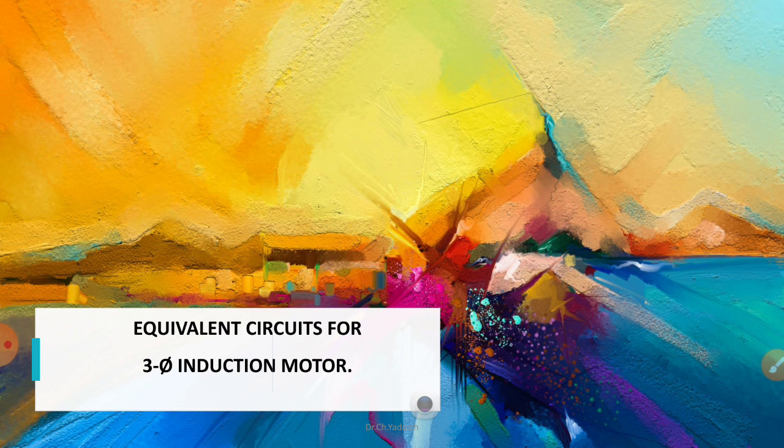Here the rotor is connected to the mechanical load. Whatever energy is in the primary is transferred to the secondary through the iron core. In the case of the induction motor, the AC power in the stator is transferred to the rotor through the air gap in the form of magnetic field.